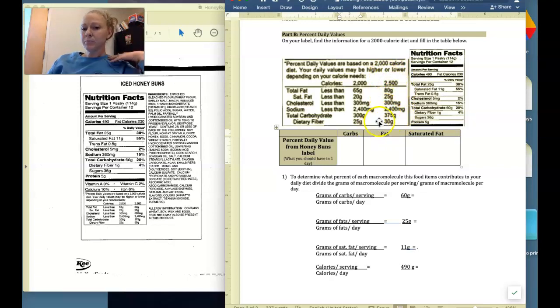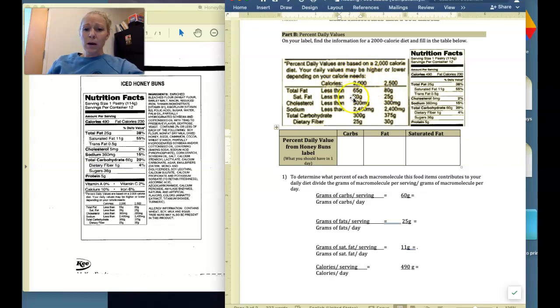There's a tendency, usually for females, that an average of many females is about 2,000, but that's not true for everybody. Some people have to have more and some less. Generally for males, it's 2,500 calories per day, but like I said, that's variable per person. If you're very active or not active, that's going to vary.